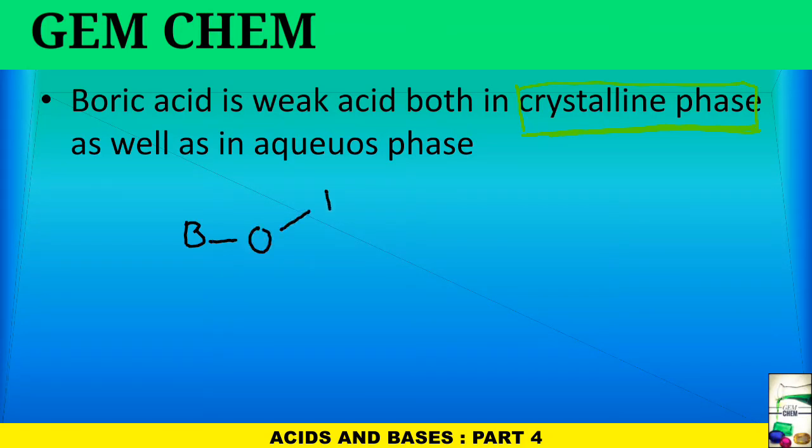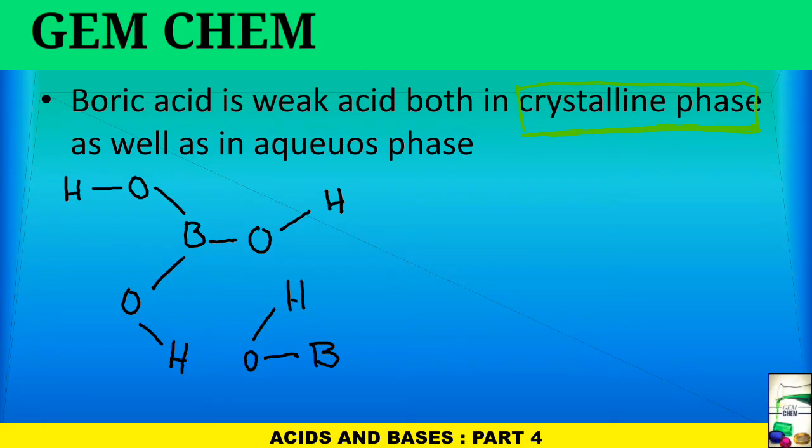oxygen, hydrogen, again here oxygen, hydrogen, here also oxygen, hydrogen. If we consider another boric acid moiety, then boron here, we have oxygen, hydrogen, again here also oxygen, hydrogen, oxygen, hydrogen.